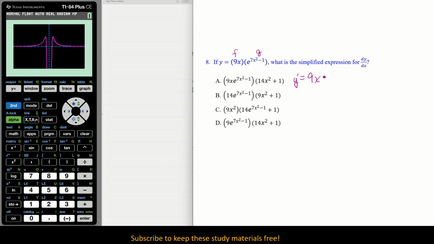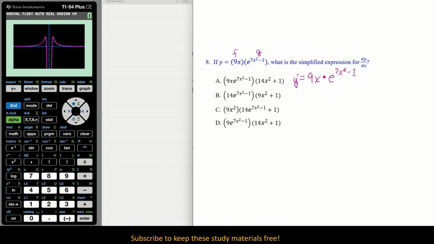So what we do is we will take the derivative because we're going inside out. And the derivative of e to the x is e to the x. So what we're doing is write down as is e to the 7x squared minus the 1.